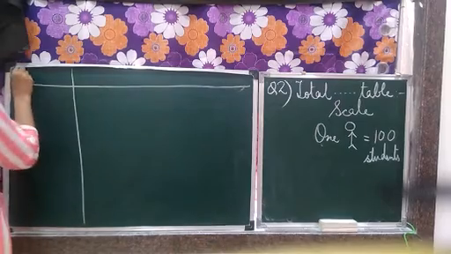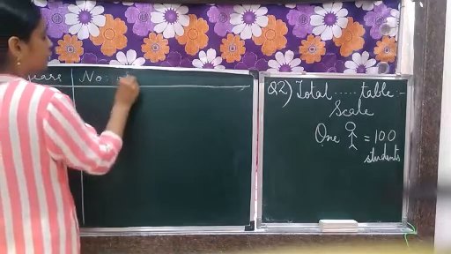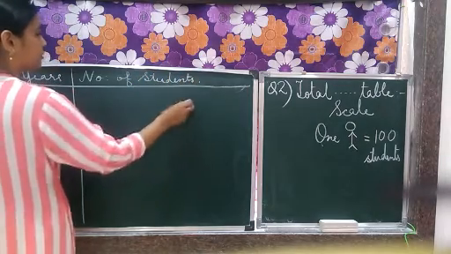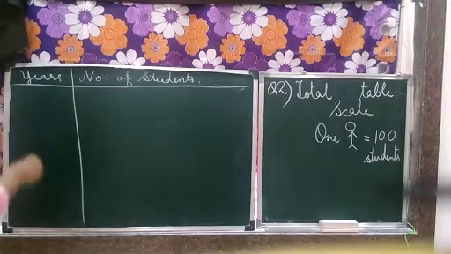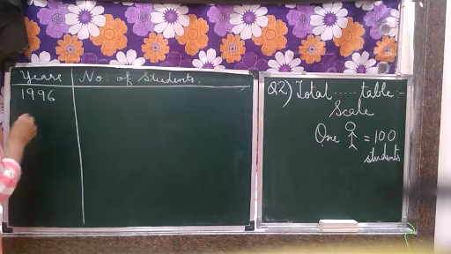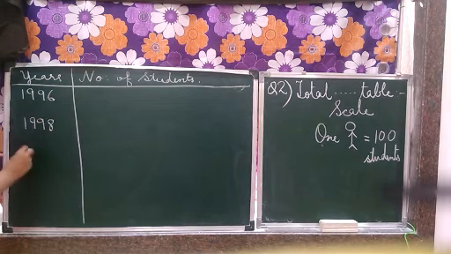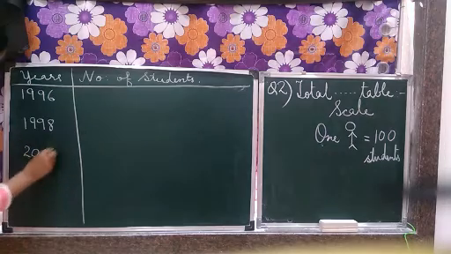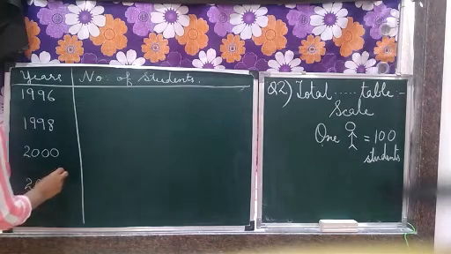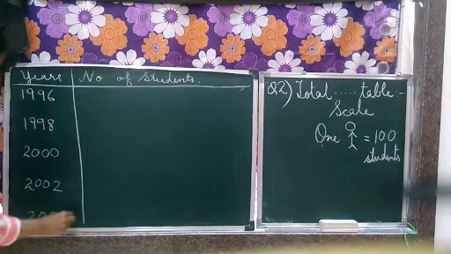So here years and here number of students. 1996, 1998, 2000, 2002 and 2004.